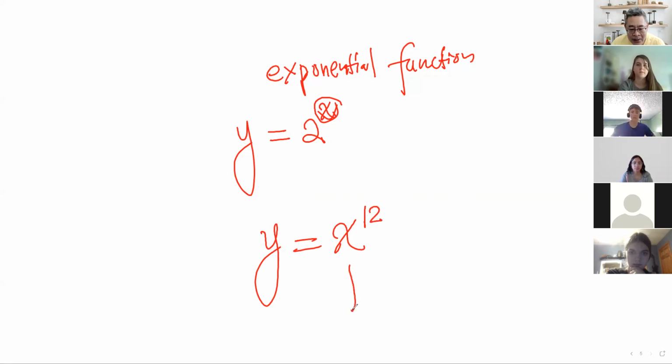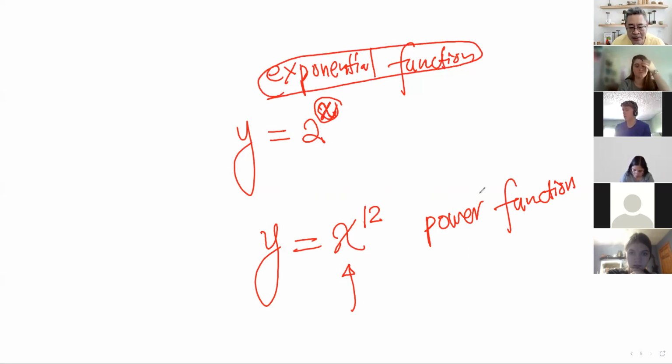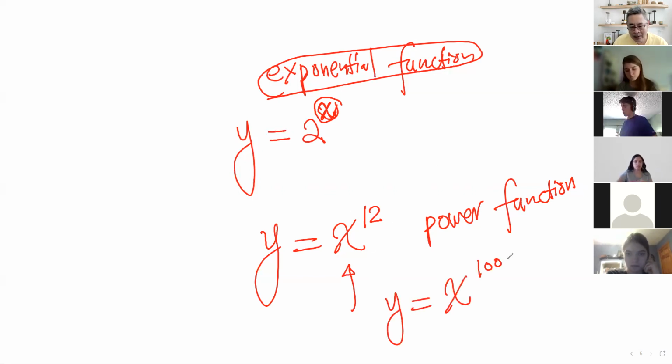Here the x is on the base, and this is called a power function. When the x is on the exponent, that's called an exponential function. That's the difference. And an exponential function will grow way faster than a power function, no matter how big the power is. You could have x to the 1000, but 2 to the x will outgrow it eventually.